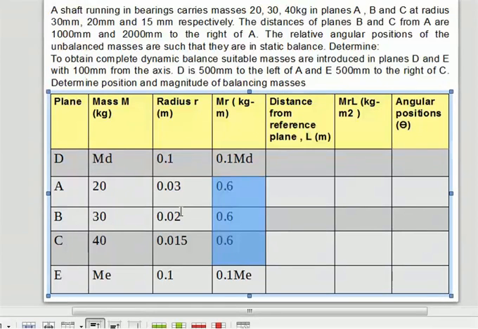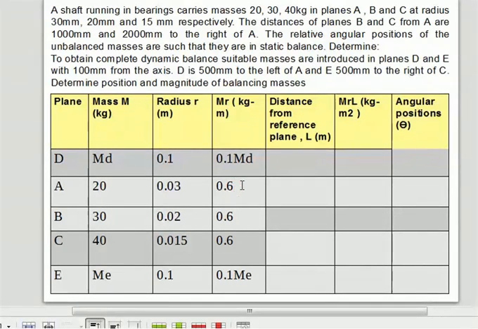I told you for constructing the static force polygon I need these 3 values, and since I'm having 3 values, using these values I can construct one triangle. Because I'm having only 3 values, 3 sides will be there. So the length of the first line will be 0.6, the length of the second line will be 0.6 again, the length of the third line is also 0.6, but inclination is unknown.